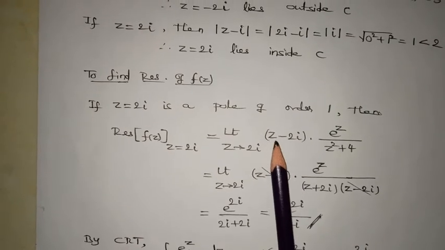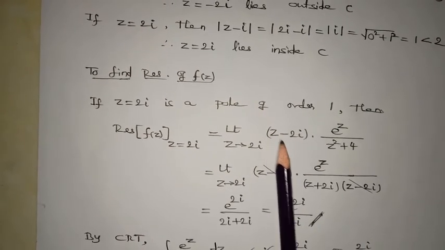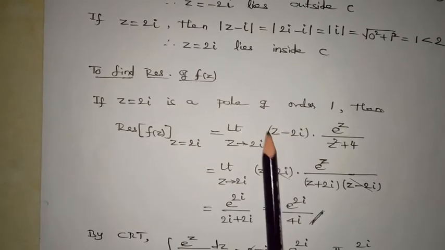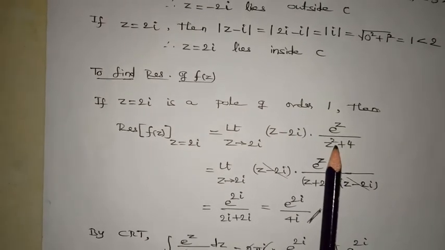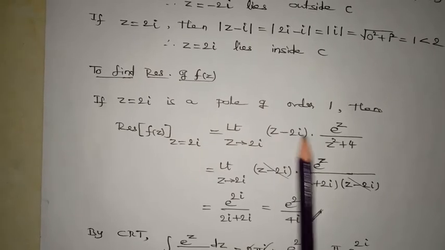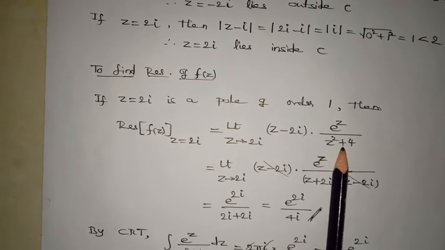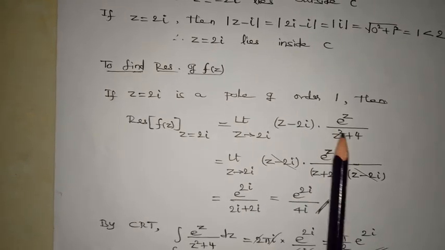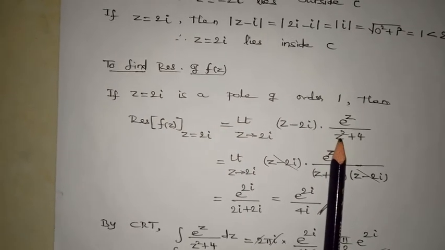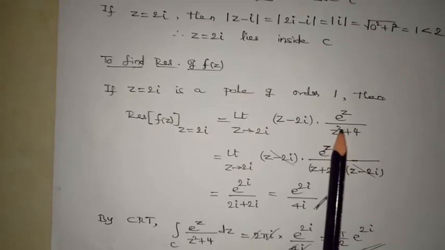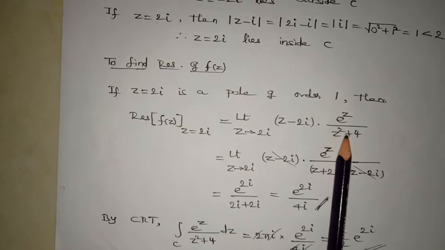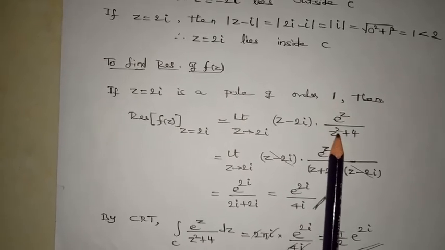I told you many times, whenever finding the limit in a residue, you must cancel the factor with the denominator function. Sometimes it cancels directly, sometimes you need to simplify and then cancel it. Here it does not cancel directly, so you need to simplify.